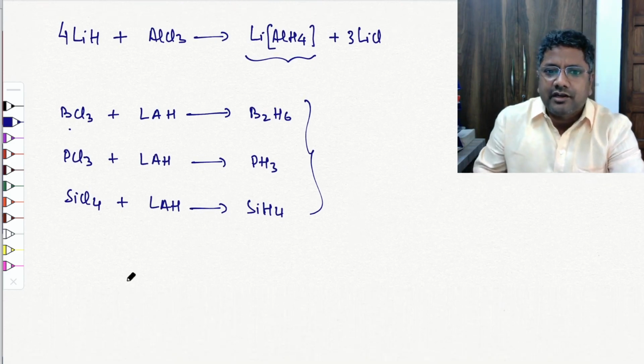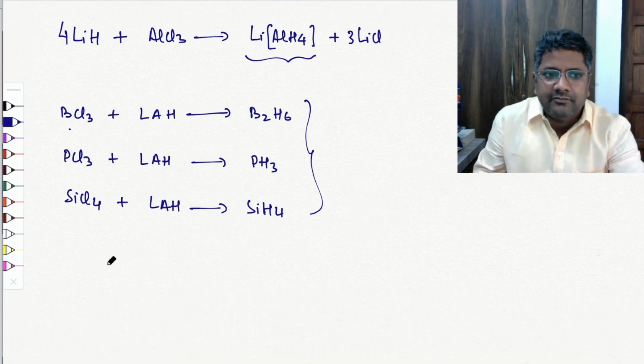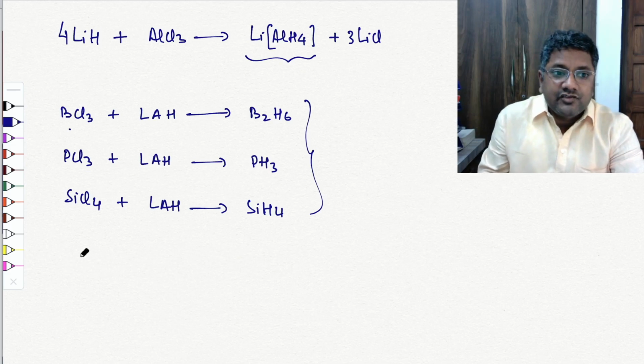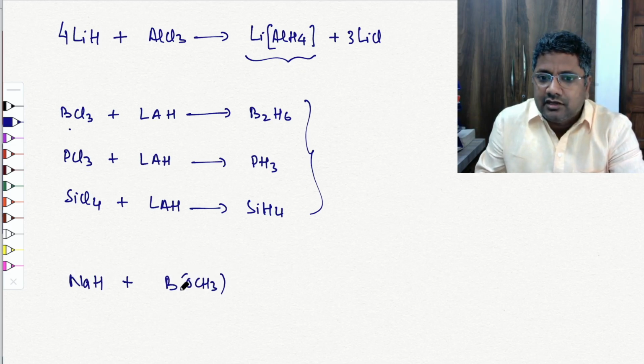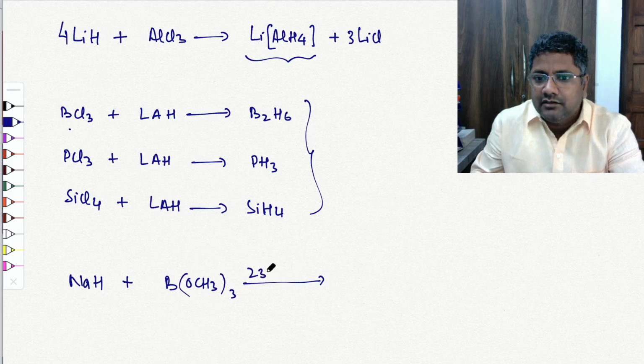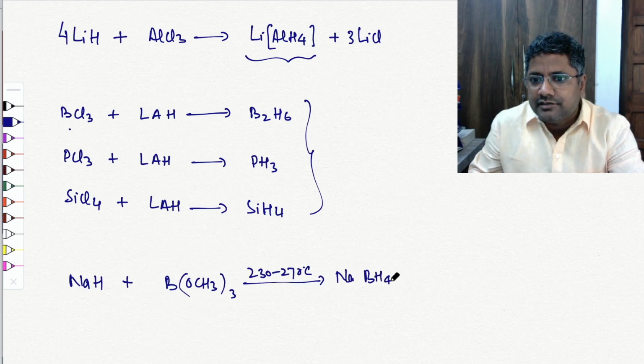One more important compound we have for the organic reduction, that is sodium borohydride, that is prepared by this method: sodium hydride plus B(OCH3)3 at 230 to 270 degrees Celsius. So we will have NaBH4 plus 3CH3ONa. This is also a reducing agent, right?